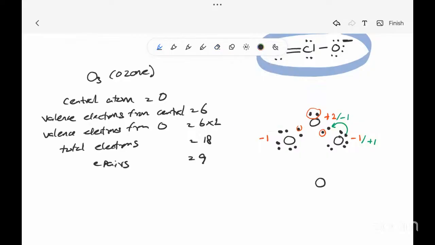Oxygen lone pair here. Here also oxygen. There will be a double bond in between these two. Like this. Bond pair.